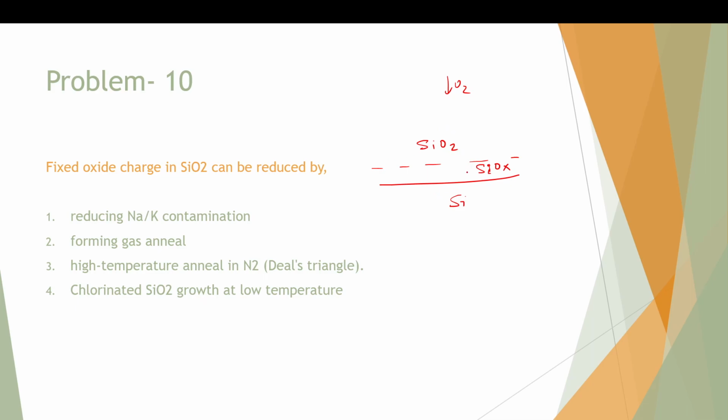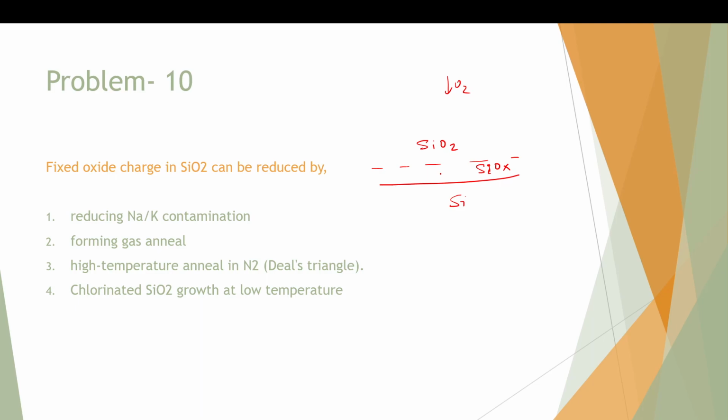In this transition region, because of this SiOx, not all the valencies are satisfied. This abnormality will form some kind of defects in this region, because it's not exactly SiO2 nor exactly silicon.